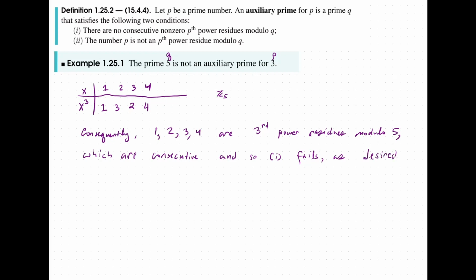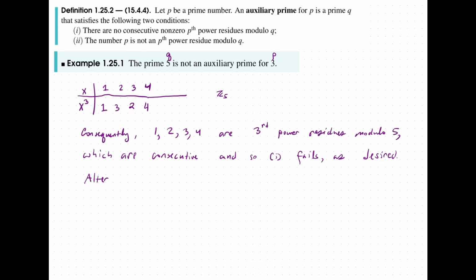So that's one way of seeing that 5 is not an auxiliary prime for 3. We see that this here fails. But we could also do the following. We also have the second condition, which fails in this case too. We have that the number p, if it's not a p power residue modulo q, that must be a condition to have an auxiliary prime. But here we have that 3 is in fact a cubic residue modulo 5.